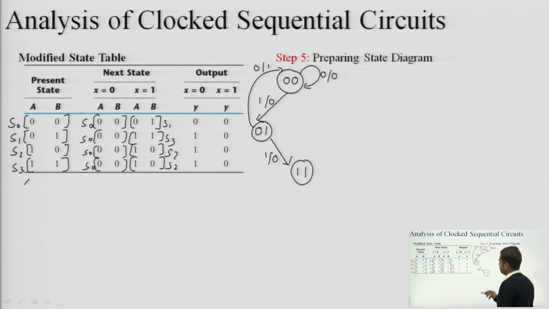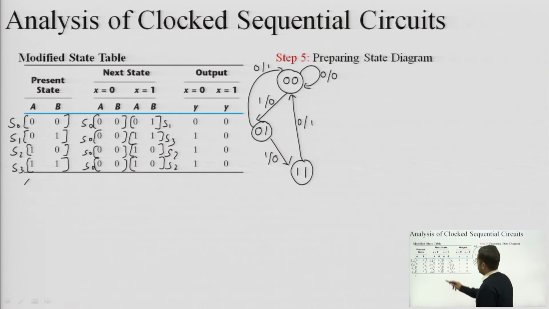So 1 1, next state will be 0 0, and output is 1. Okay. And similarly for this one, x is equal to 1, the next state is 1 0. So this is 1 0 for x is equal to 1, and in this case output is 0.